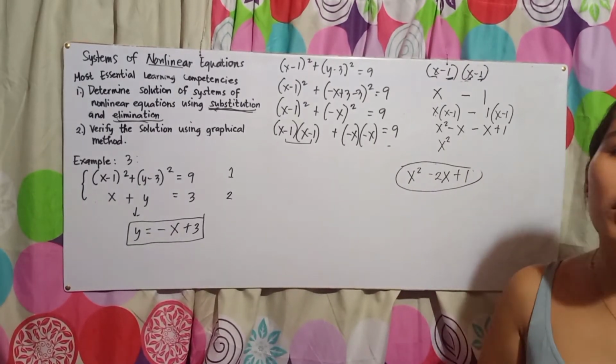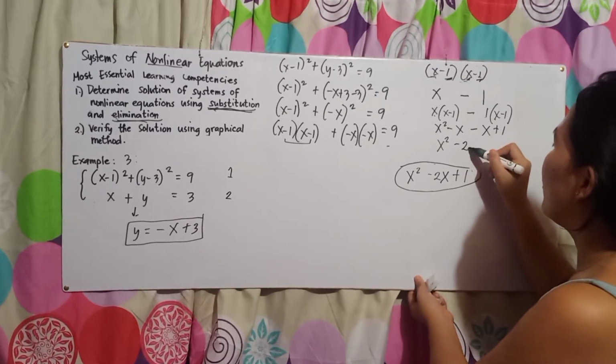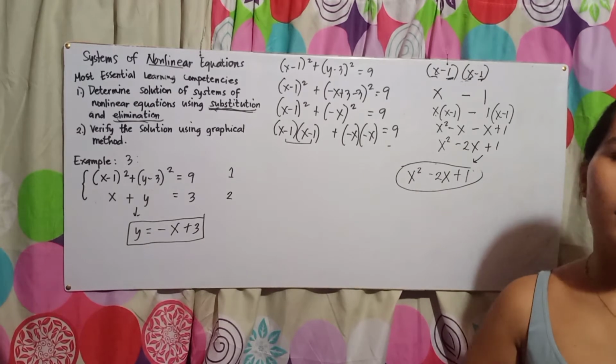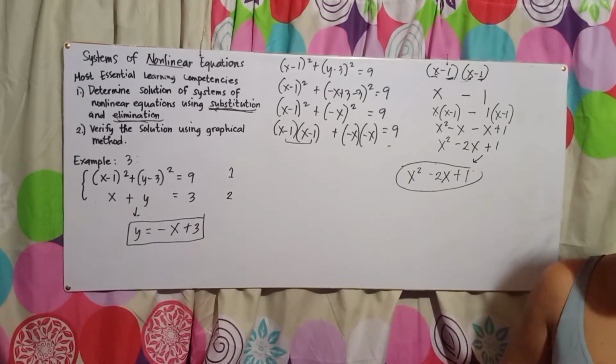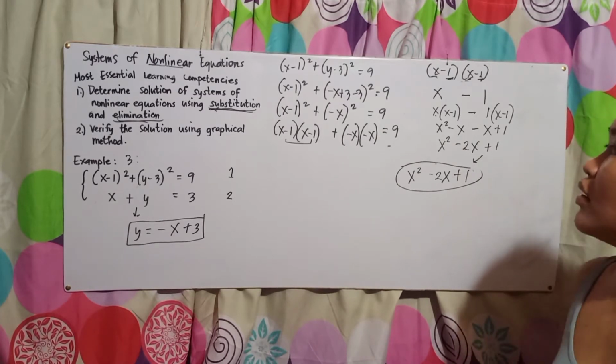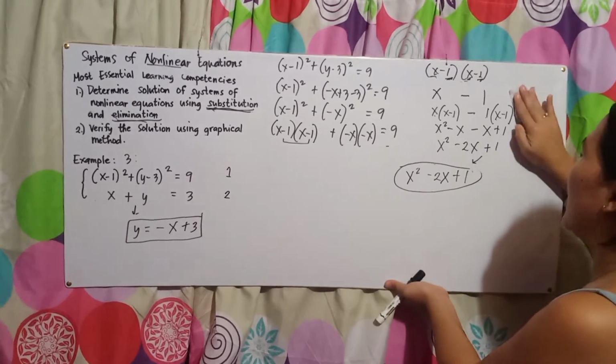They have like signs, so they are negative. So we add: negative 2x plus 1. It is the same as before. Whichever way you solve, long method, FOIL method, or distribution, the answer is the same.